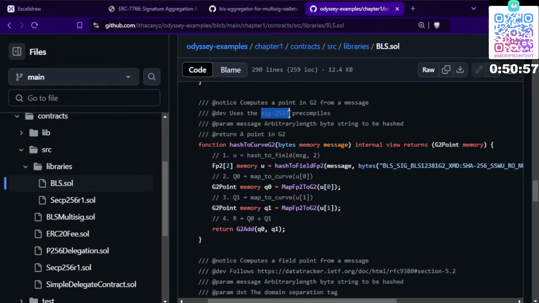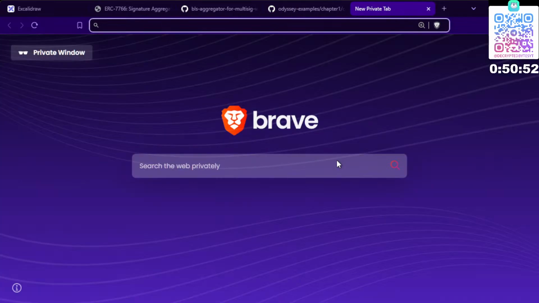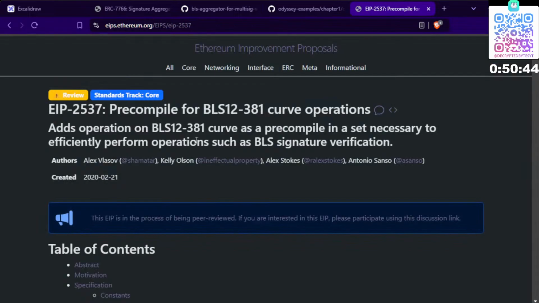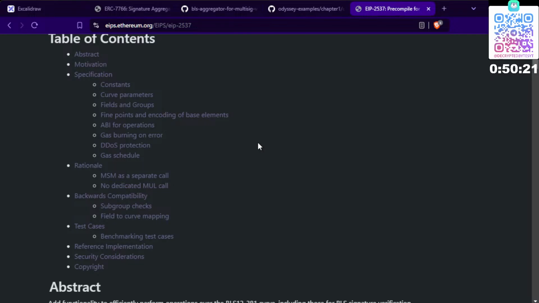Should we read this for BLS signatures? EIP 2537, BLS precompile for BLS12-381 curve operations. It adds operations on the BLS curve as precompiles, a set necessary to efficiently perform operations such as BLS signature verification.